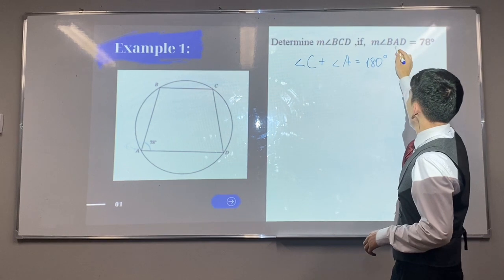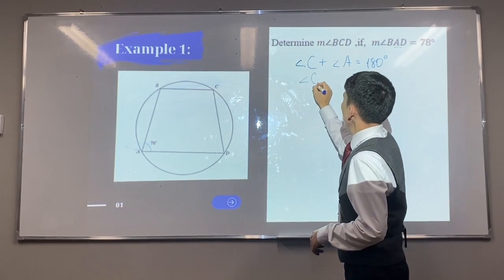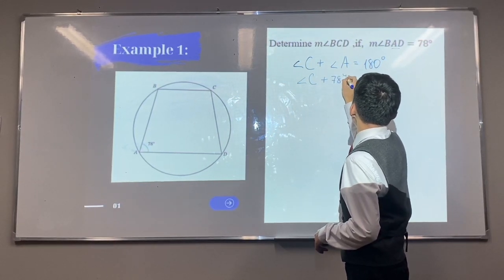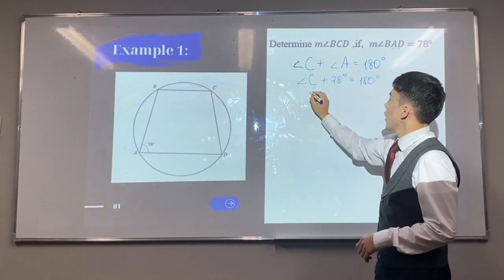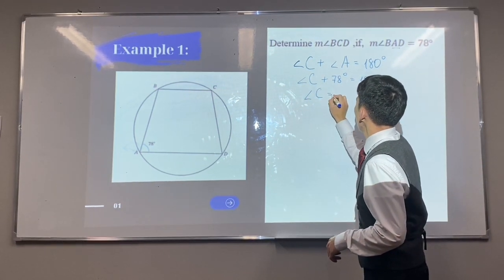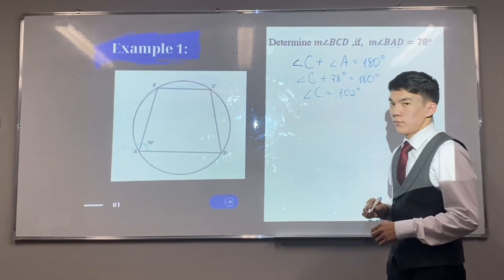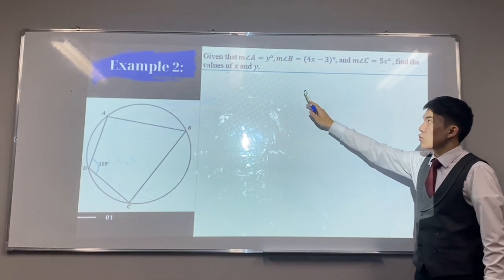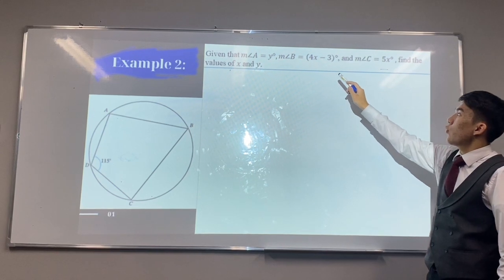Angle A equals 78 degrees, so angle C plus 78 degrees equals 180 degrees, and angle C equals 102 degrees.